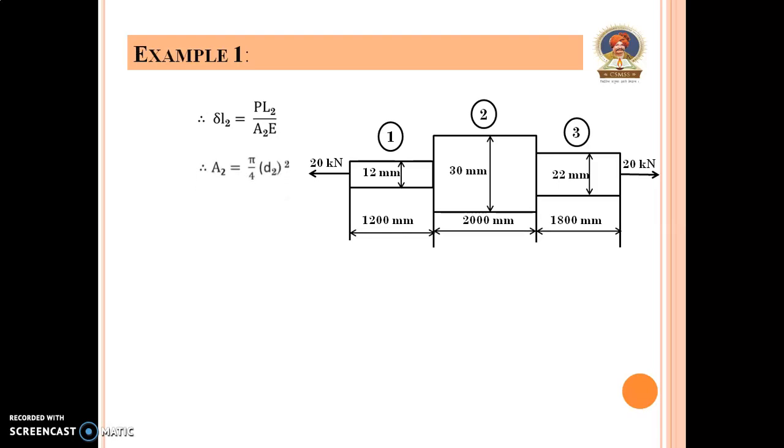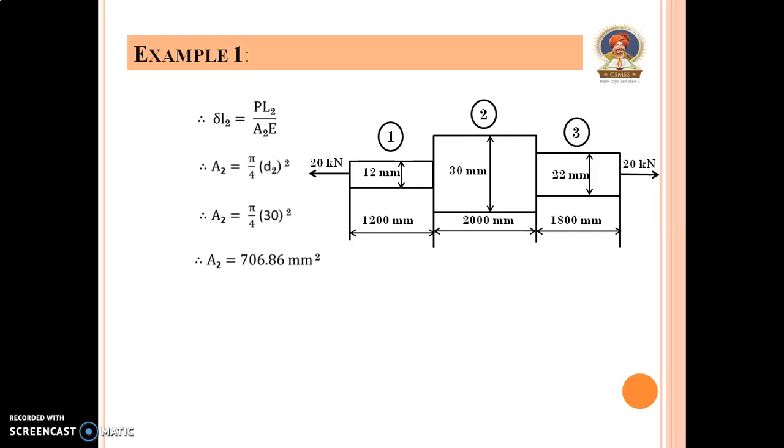So here A2 is equal to pi by 4 D2 square. Put the value of D2 in this equation. So the equation becomes pi by 4 into 30 square. So A2 is equal to 706.86 mm square.